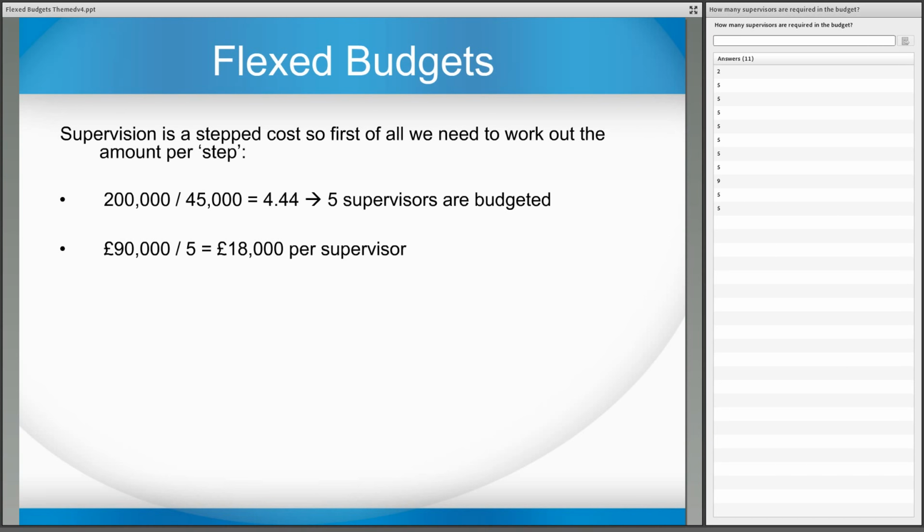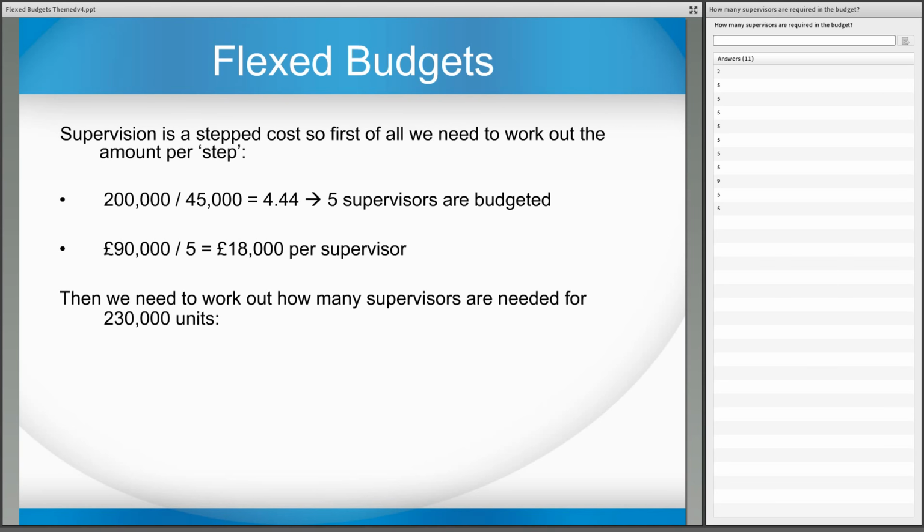So far so good. At this point now we can use that £18,000, we can scale that up to the cost for 230,000 units. Once again, divide 230,000 by 45,000, 5.11.